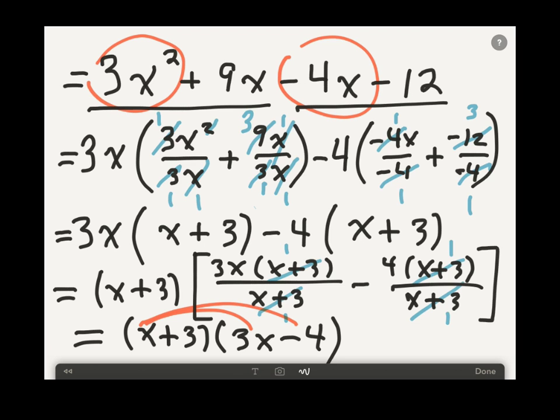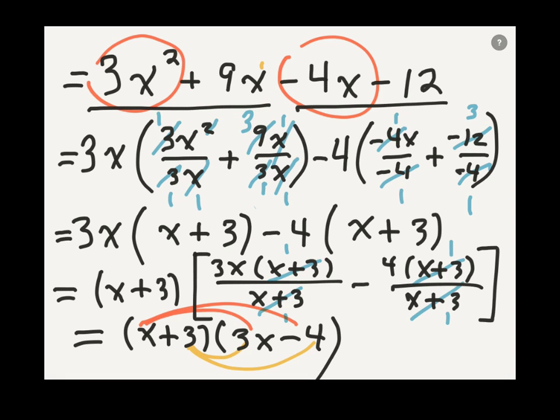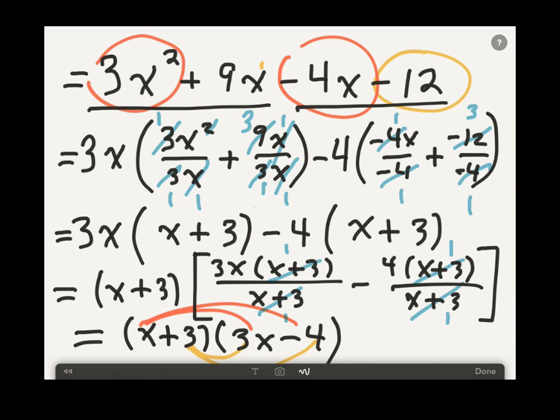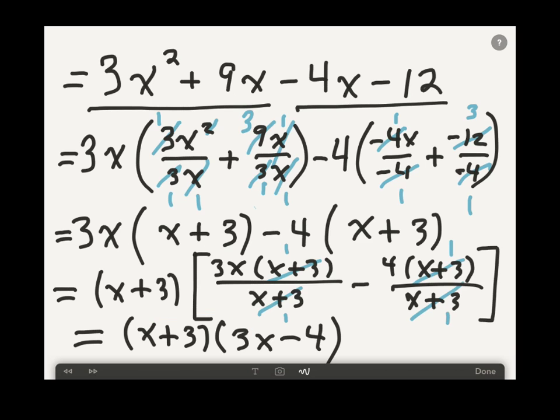Then if I take my inner, I have 3 times 3x, and there's my 9x. And if I take my last, 3 times negative 4, that gives me negative 12. So I see that if I multiply it back out, I get what I started with, and that tells me that I have factored correctly.